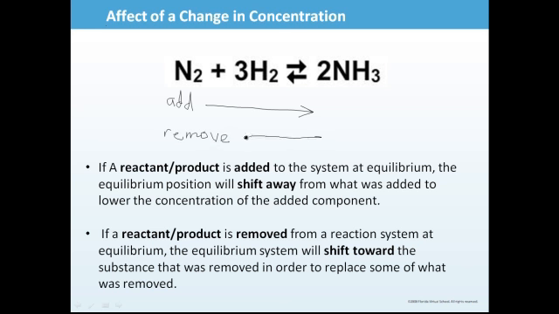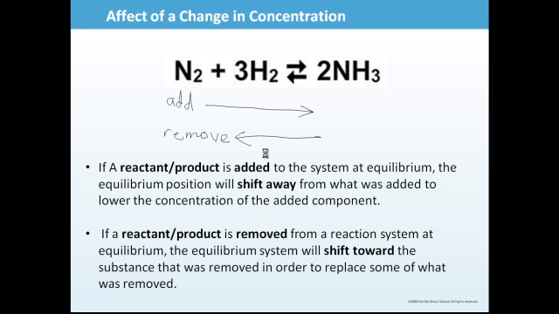So the equilibrium is going to shift towards where we removed it from, to replace the nitrogen that was removed. So if we add, it shifts away, because that throws the balance off, and it's got to reestablish equilibrium. If we remove, then we have to refill or replace, so it's going to shift towards, and again, that's going to reach a new position of equilibrium.